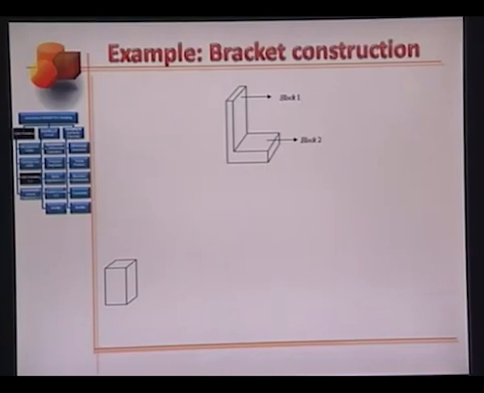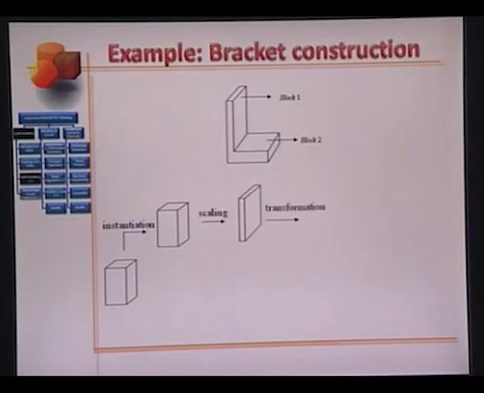Let's assume that this primitive is available in the database. I first copy it onto the workspace, which is the process of instantiation. I perform scaling to get block 1, and then I perform transformation to appropriately place it in the workspace.